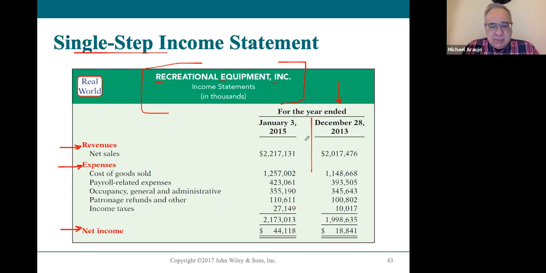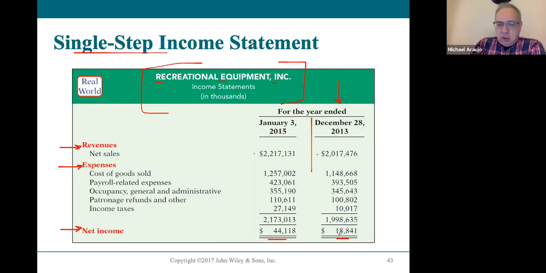The next fiscal period, the very next year, started obviously December 29th, 2013, but didn't end until January 3rd, 2015. So it kind of ended a week later than we would normally see. And so you have the revenues listed first, side to side, the expenses listed side to side, and their profit for each of these particular fiscal years are listed here.